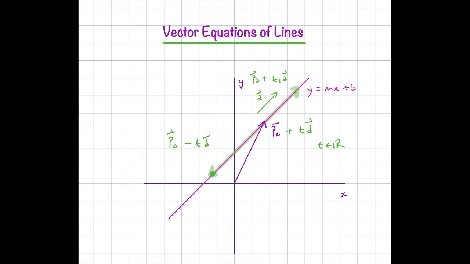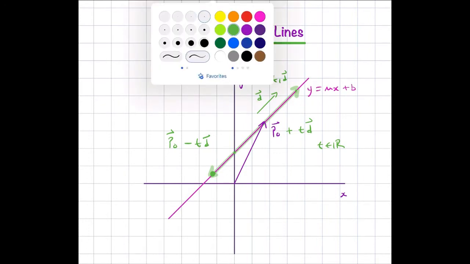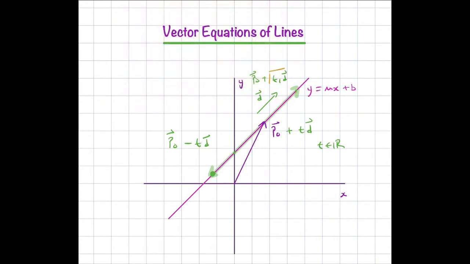That's one of the reasons it's so important to have a solid understanding of vector addition, because it leads into stuff like this. But the idea is, what does adding these vectors together do? Well, it determines a point. Adding a multiple of this direction vector to the position vector determines a point on the line wherever we end up.